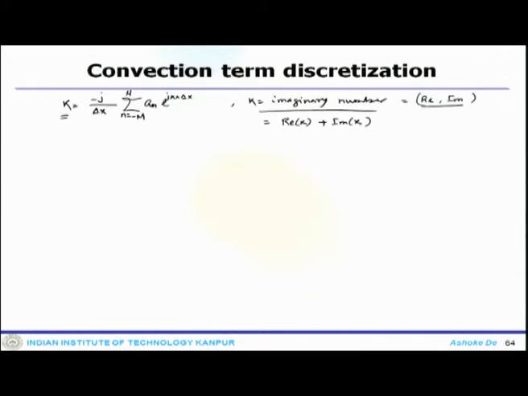Now, insert this k in the exact solution.